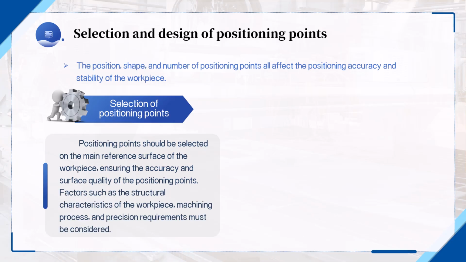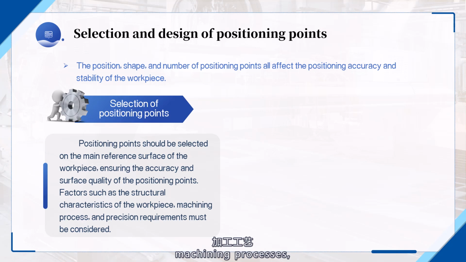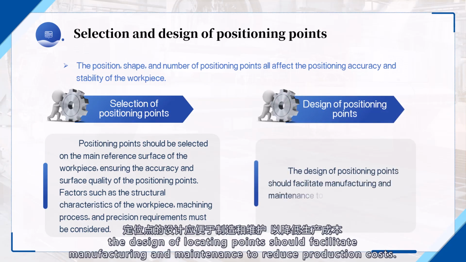Factors such as the structural characteristics of the workpiece, machining processes, and precision requirements should be considered. Additionally, the design of locating points should facilitate manufacturing and maintenance to reduce production costs.